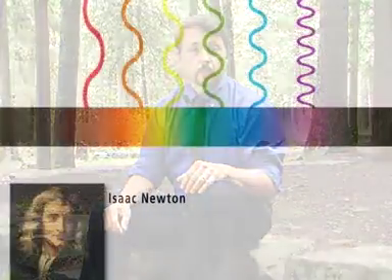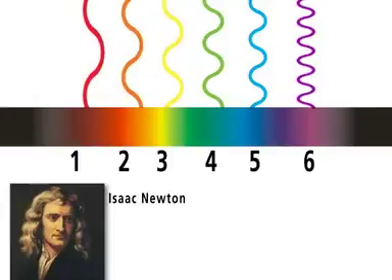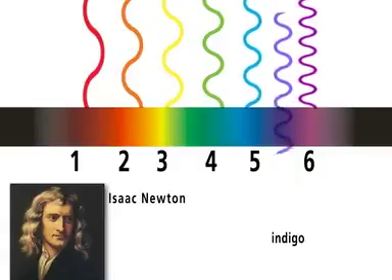Now, before we go on, let's talk about this color, indigo. Sir Isaac Newton is responsible for indigo being the 7th color. He did much of the groundwork on the nature of light, and he saw 7 colors in the spectrum, with indigo here.